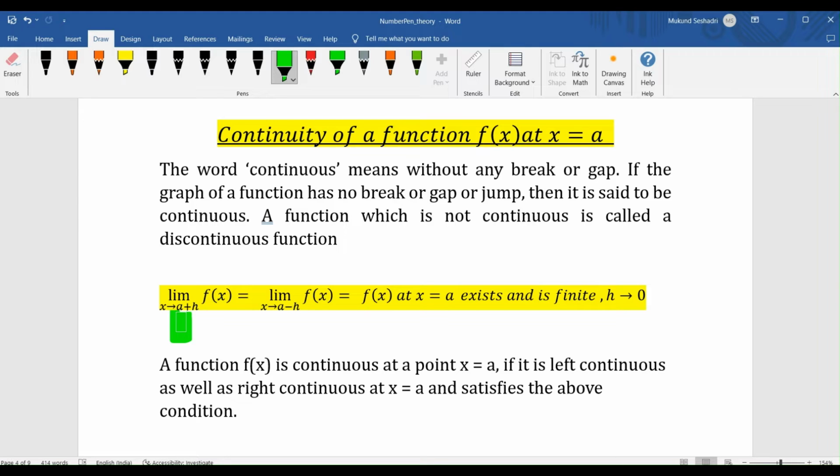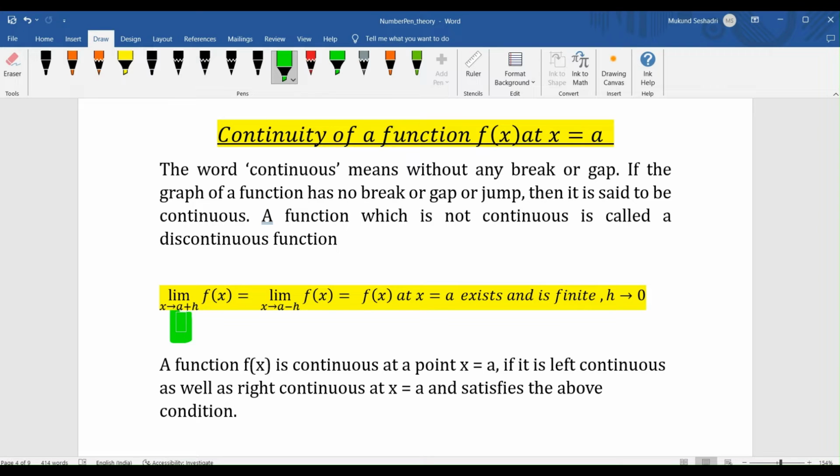When I say left hand limit, what I mean is a point which is to the left hand side of the point a, which is where we are determining continuity, right? And when I say right hand limit, it means a point which is very close to a but on the right hand side of it. So, how do we represent this mathematically? x tending to a plus h and x tending to a minus h, right?